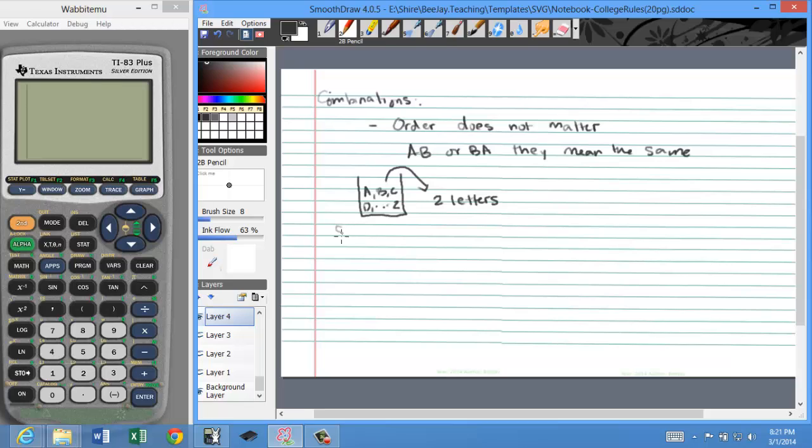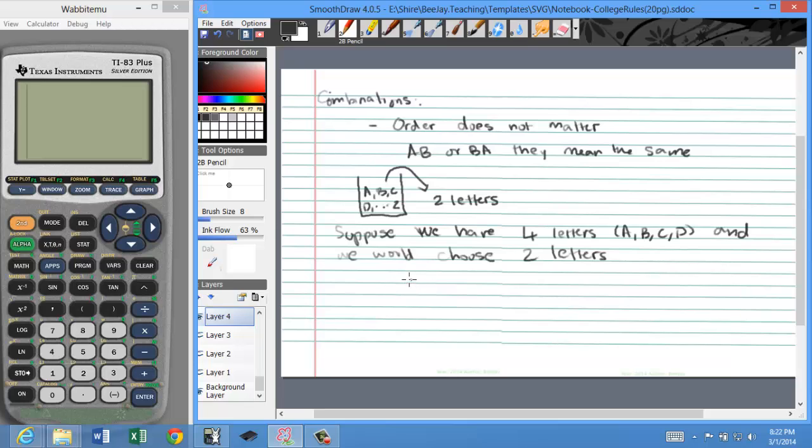So let's make this interesting. Suppose we have 4 letters A, B, C, D, and we'd like to choose two letters. We're not placing in order.